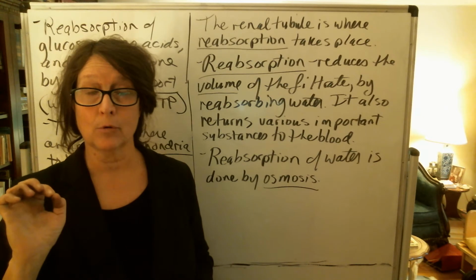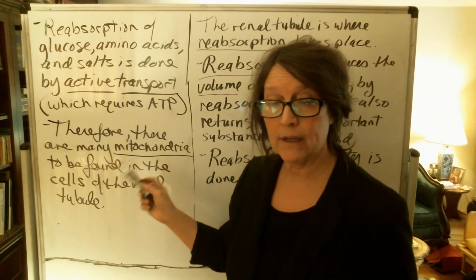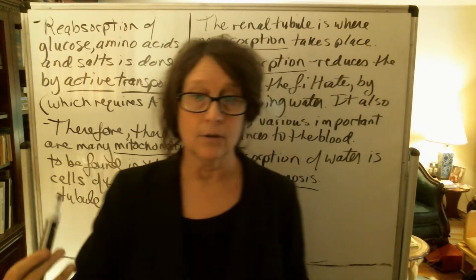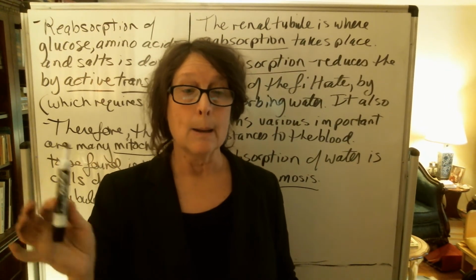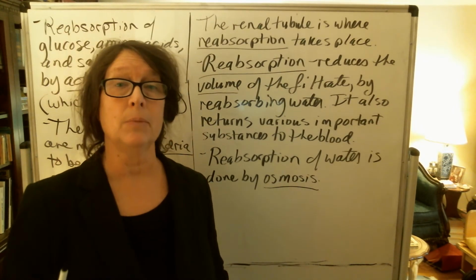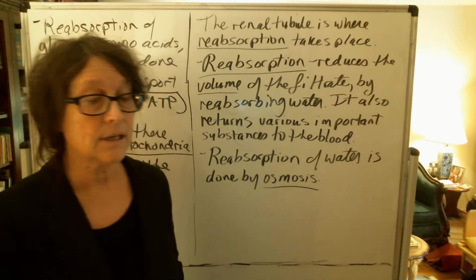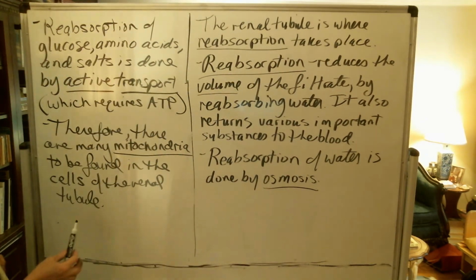I hope you remember that. So anyway, we have these mitochondria in our cells, and those cells make ATP. But when you have cells that need a lot of ATP, you will find a lot of mitochondria in those cells, and that is what you see in the cells of the renal tubule.